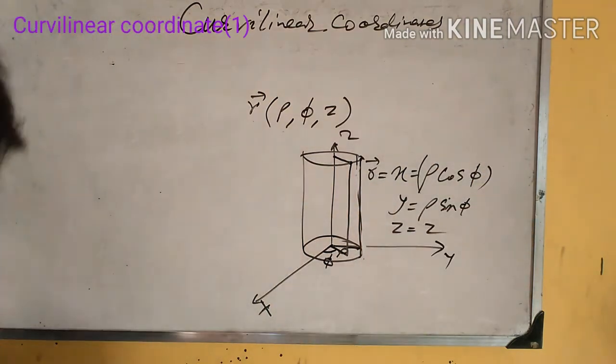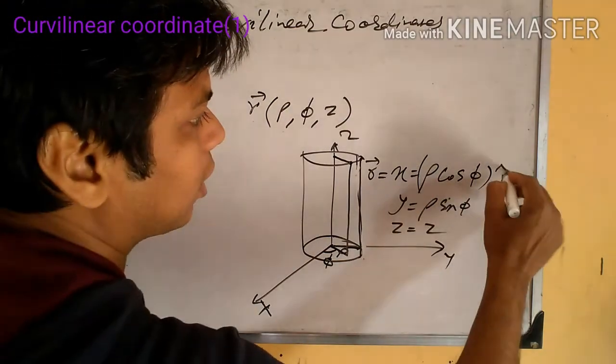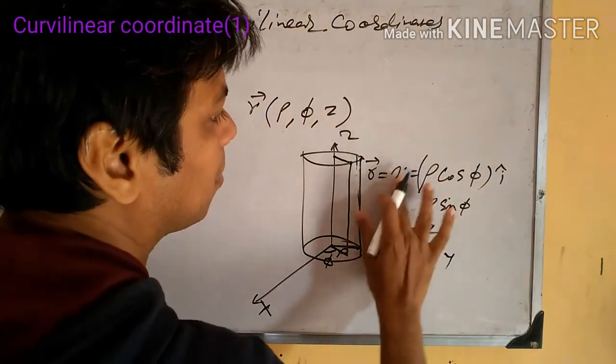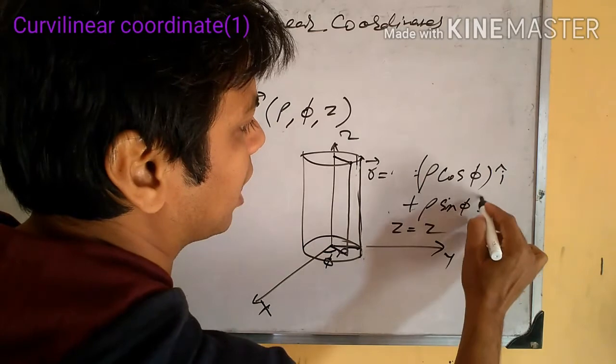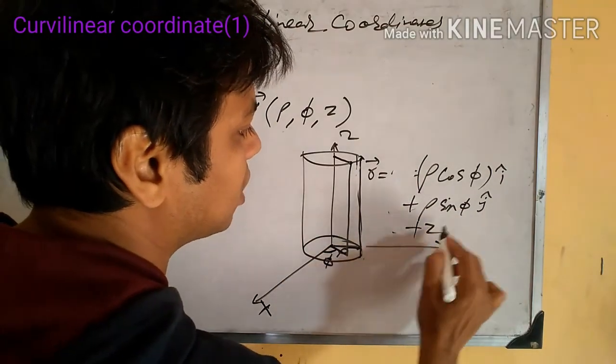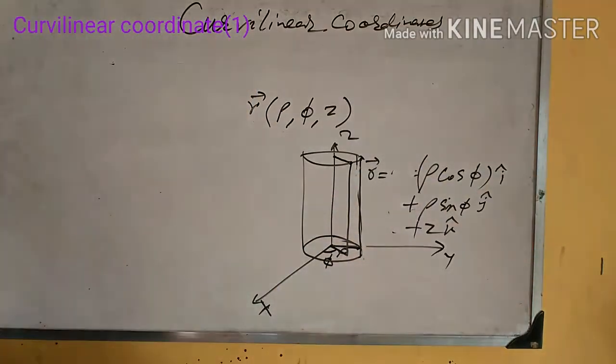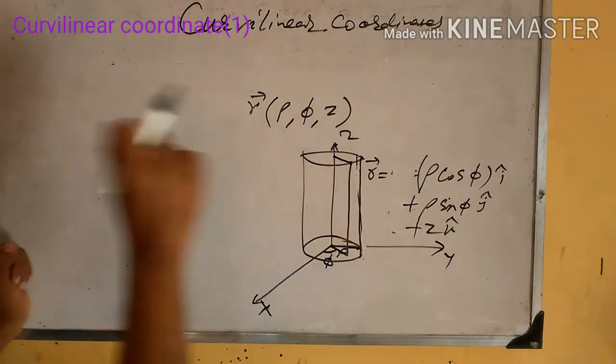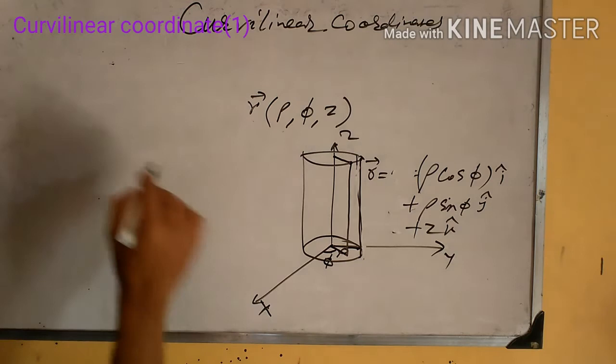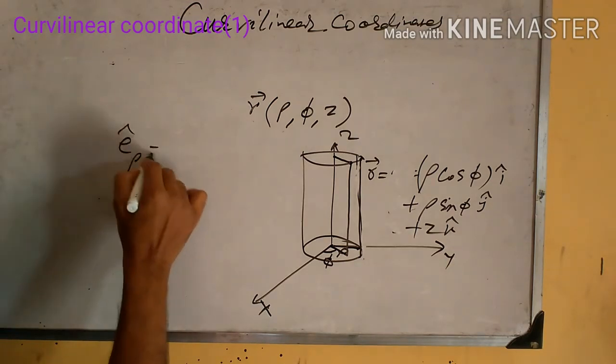So we can write the r vector equals rho cos phi written with i hat plus rho sin phi written with j hat plus z k hat. This is the r vector written in the cylindrical system. So the basis vectors will be E rho.